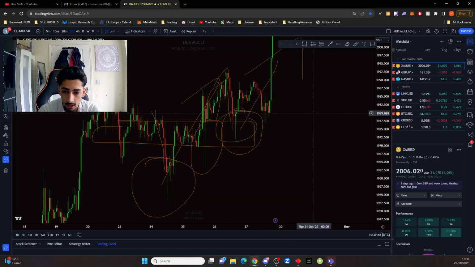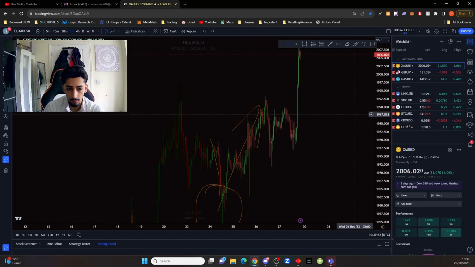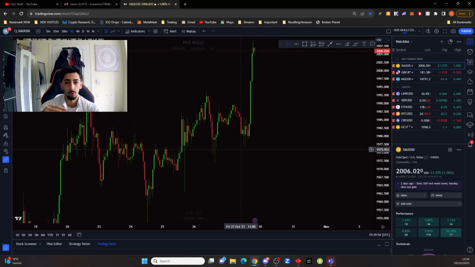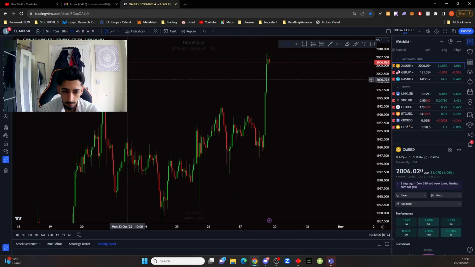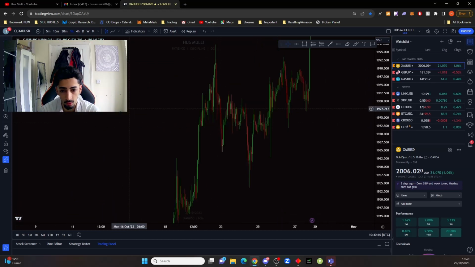So that's how I use liquidity. If you're bullish for the day and you're looking for buys, you can look for candles to grab liquidity, and you can anticipate those liquidity areas by looking at the chart on the left or at zones.